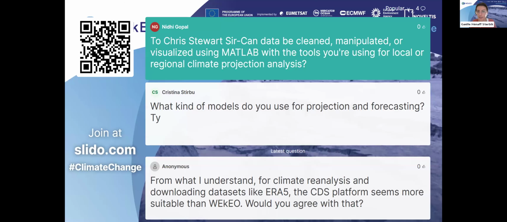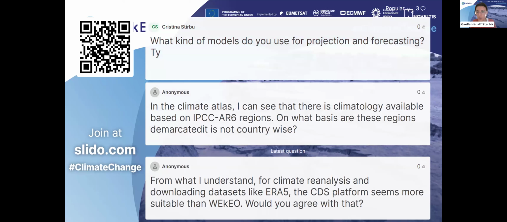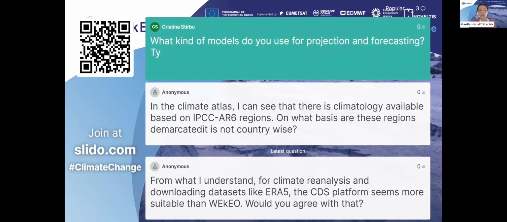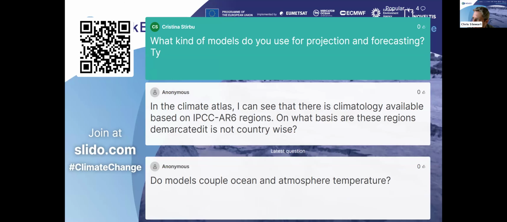Okay, thanks. We also have a few questions on the model used. What kind of models do you use for projection and forecasting? And we have another one asking if the models are using a coupling between ocean and atmosphere, for example. Yeah, okay. So I'm not an expert on the models used for climate projections or for the predictions. Just to say that we have multiple models from different sources.